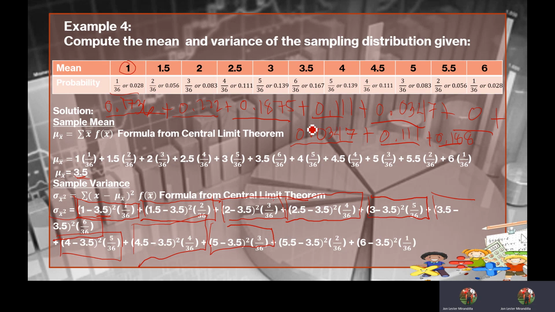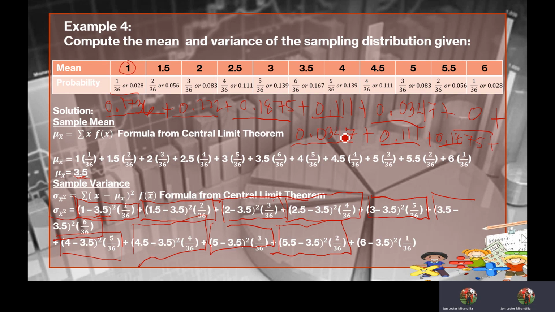Or let's write it to 4 decimals, which is 0.1875. Plus, the last 2: 5.5 minus 3.5 squared multiplied by 2 divided by 36, or 2 out of 36, is 0.2222.